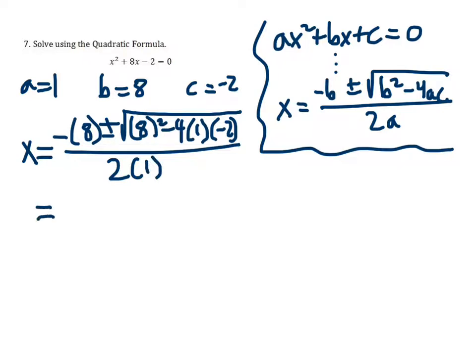And that cleans up to this, negative 8 plus or minus. Be careful if you're going to make mistakes using the quadratic formula. It almost always happens in here, so you've got to be careful.